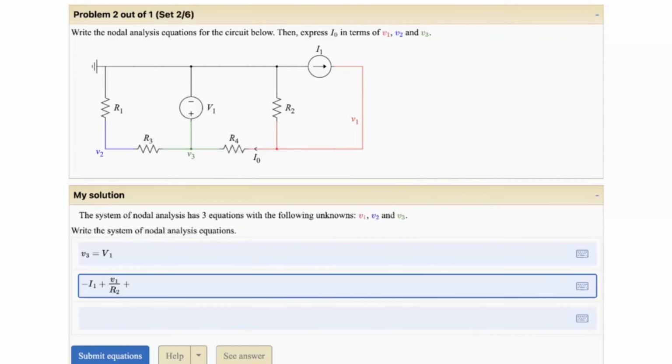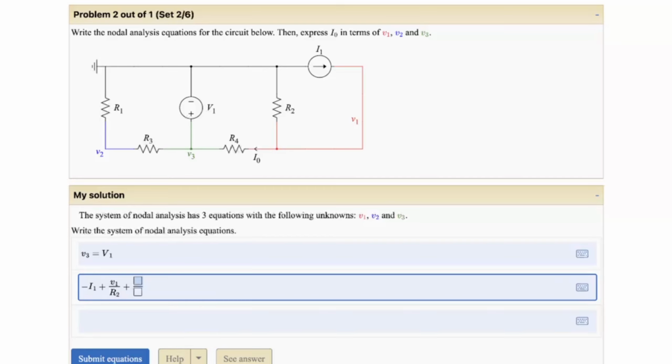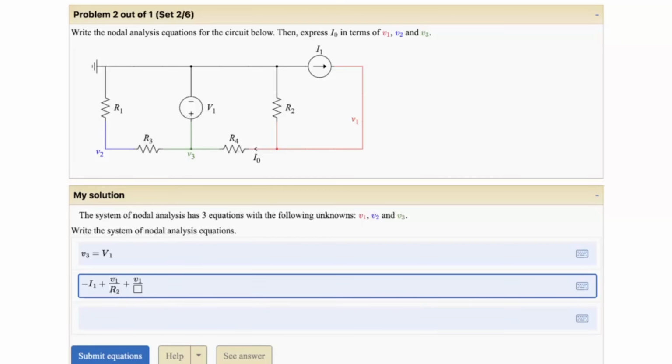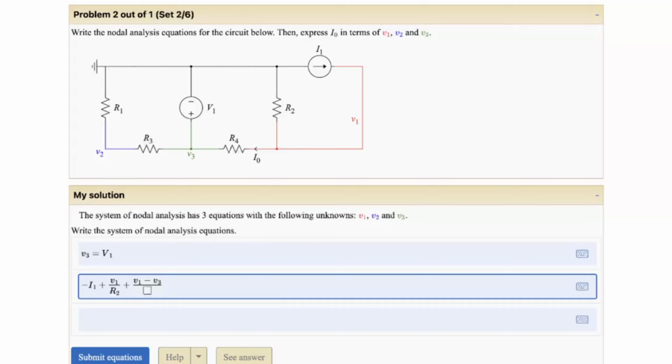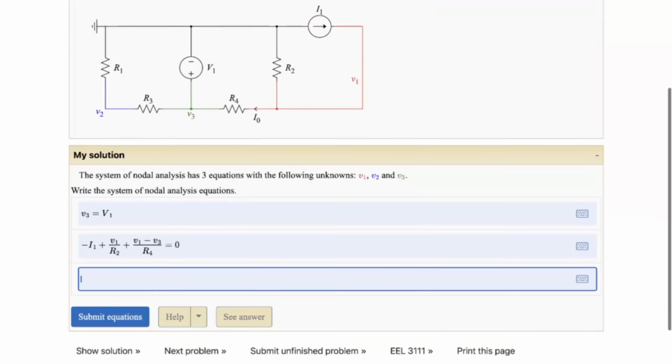And finally, let's find the current going from V1 to V3 over the R4 resistor. Using Ohm's law, the voltage divided by resistance is going to be V1 minus V3 over R4 equals 0.